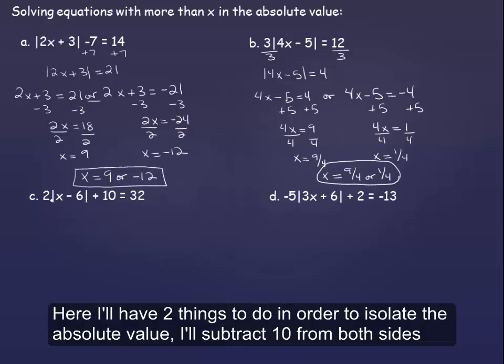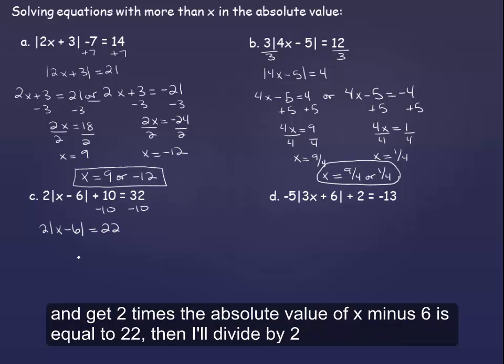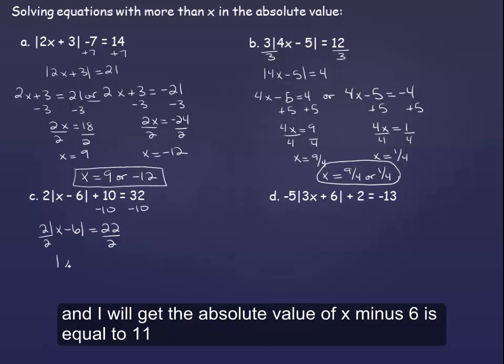Here I'll have two things to do in order to isolate the absolute value. I'll subtract 10 from both sides and get 2 times the absolute value of x minus 6 is equal to 22. Then I'll divide by 2, and I will get the absolute value of x minus 6 is equal to 11.